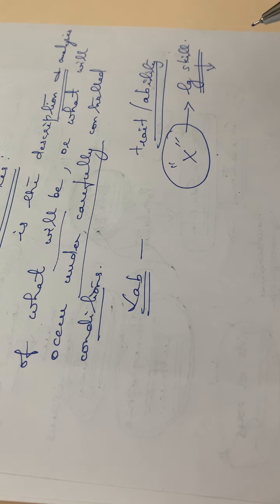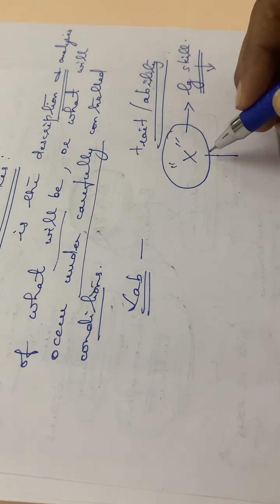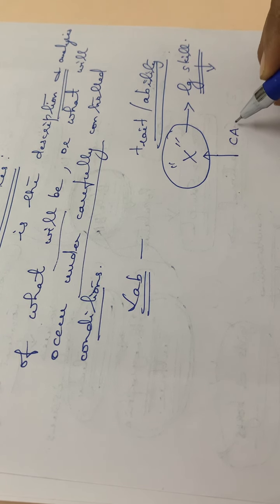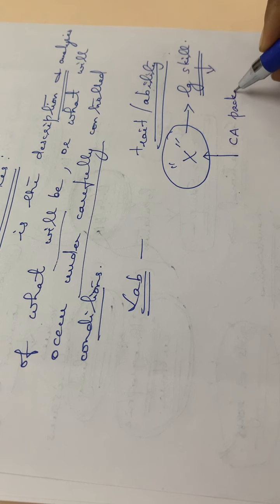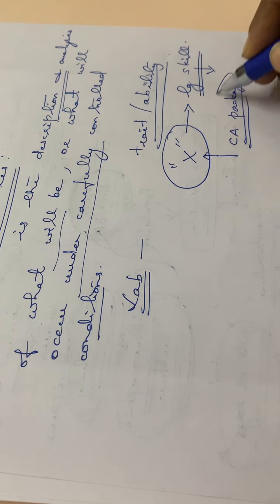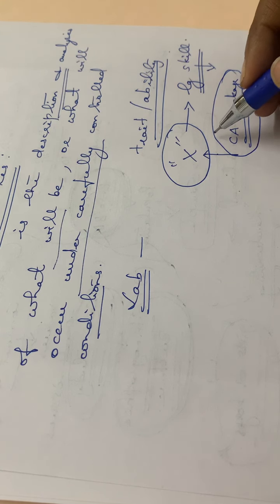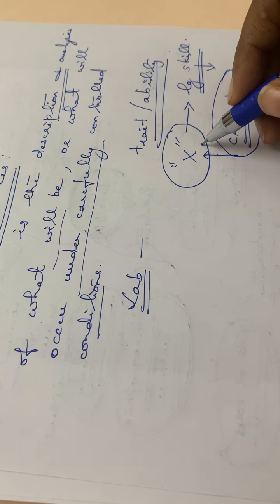Okay, is it clear? I am giving this particular student X a computer-assisted package, and I want to know whether this package brings any improvement or enhancement in the learning of this student.